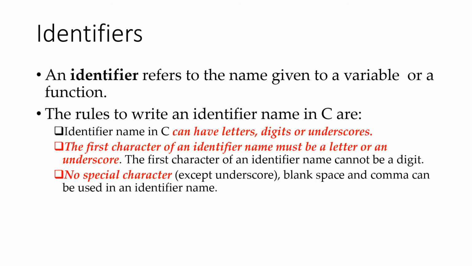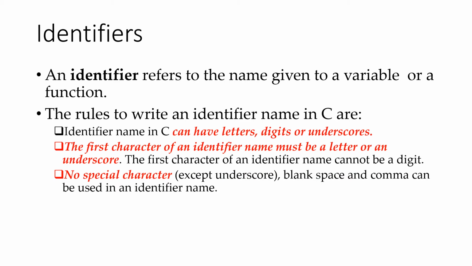Then no special characters should be used. Only underscore is allowed because underscore is considered a character, and comma, full stop, colon, such symbols cannot be used in identifier names. So these are the general things we should remember when we give a name for a variable, which is called an identifier.